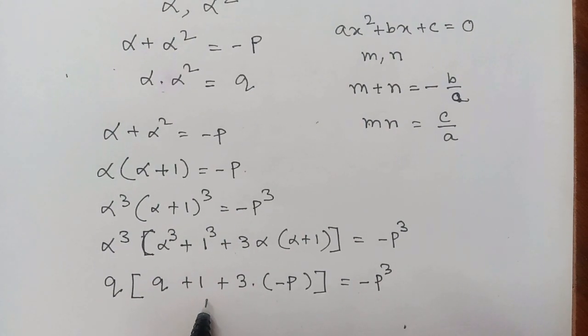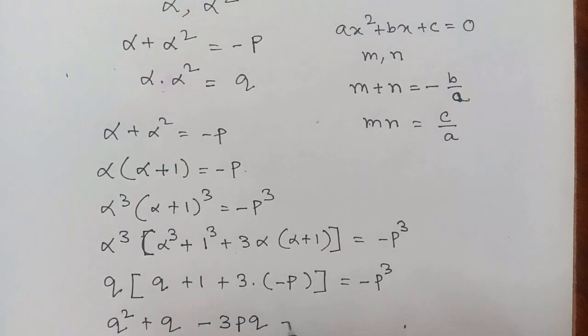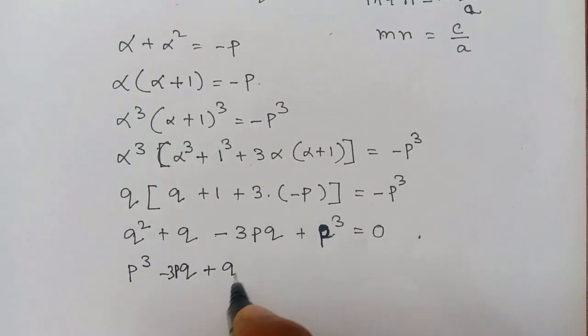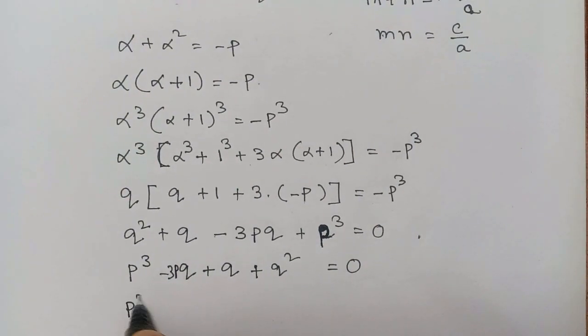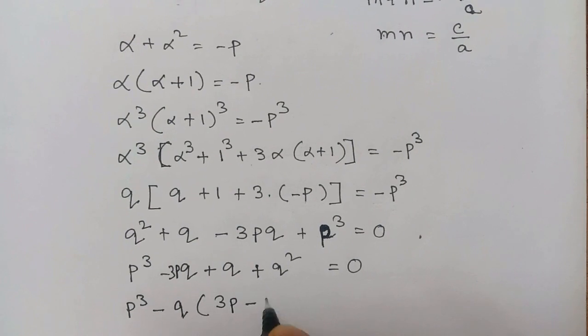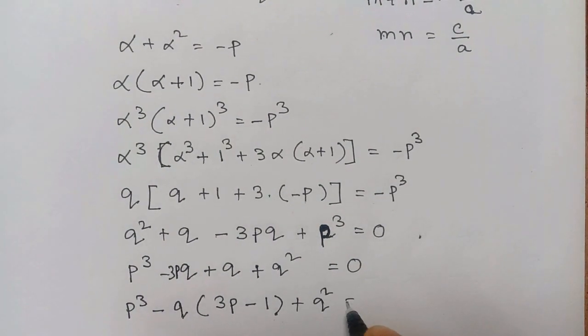Now we can break this equation: q into (q square plus q minus 3pq), and we will take this minus pq to the left hand side of the equation. Now we can write that p cube will be as it is, and we will take q common, and inside it will be 3p minus 1, plus q square equals 0.